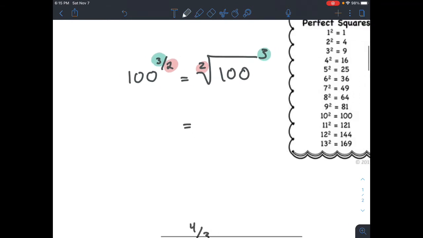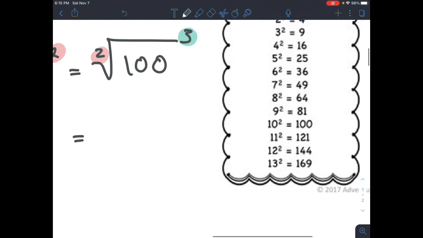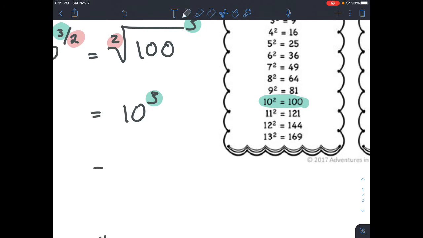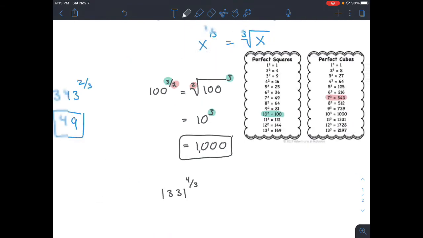The square root of 100, if you're not sure, you can look over at your chart. You see 100 is 10 squared. That means that 10 is the square root of 100. I still need to cube that, and 10 cubed is 1,000. And there's your final answer. That's fully simplified.